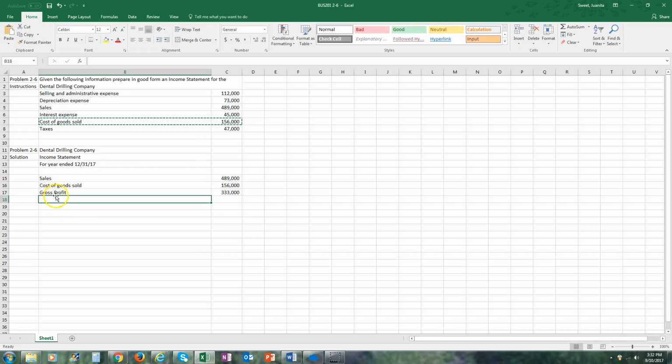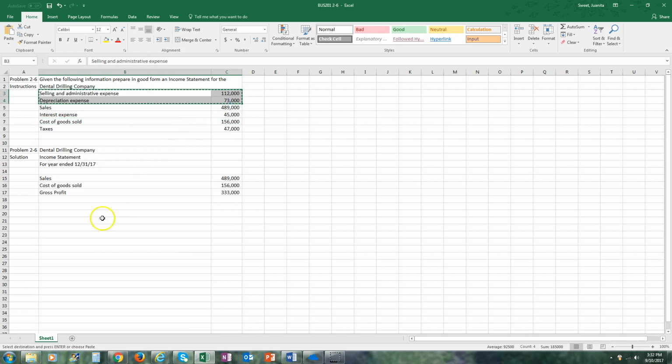The next section is our operating expenses. When we look here, we only have two expenses, selling and admin. They could be all lined out, or they could be summed together like this. That's okay.